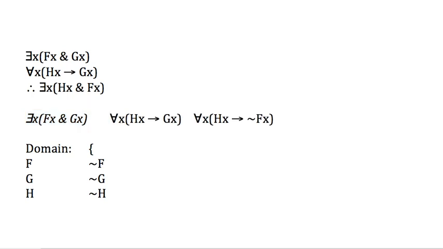So let's, this time just for variety, use the number 2. The number 2, we'll suppose, is an F and also a G. And that means that this formula is true in our interpretation no matter what else we add.